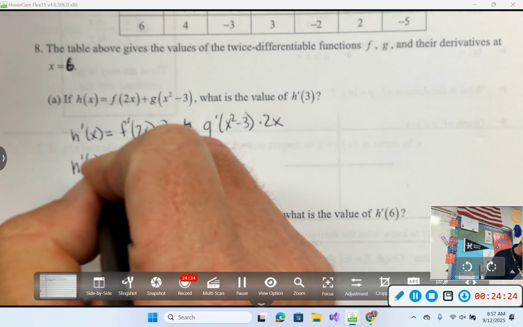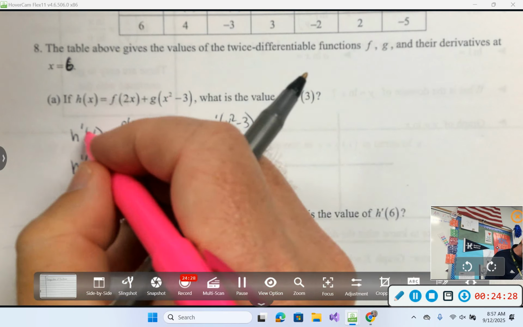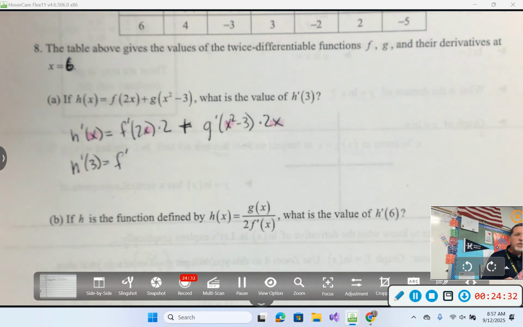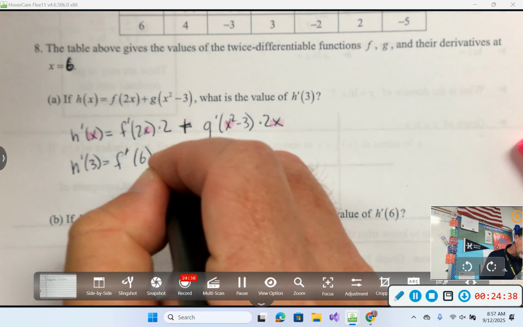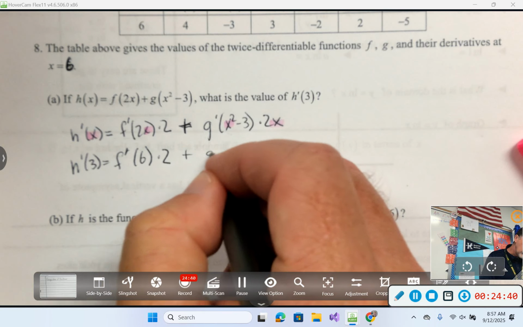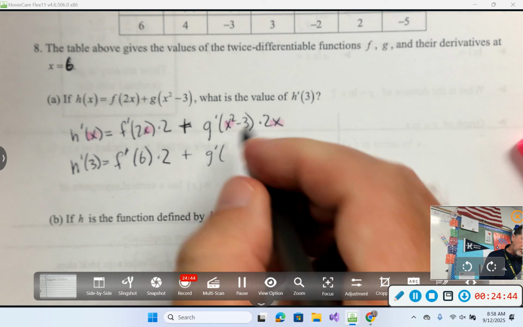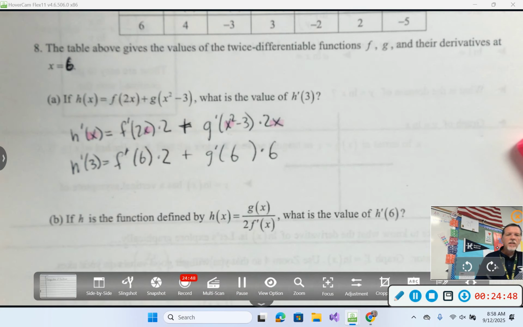All right, h prime of 3 means let's plug in 3 for x in all those places. So that's f prime of 6 times 2 plus g prime of 9 minus 3 is 6 times 6.